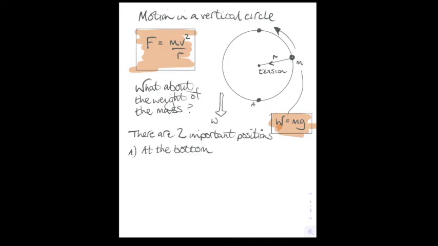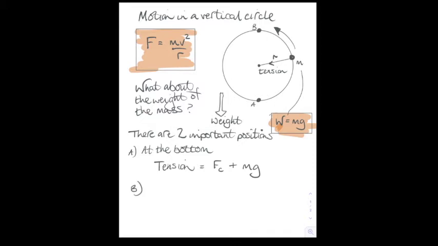Weight always acts downwards, and therefore the tension at the bottom will be greater, because your tension has to provide a central force, but it will also have to supply a force that balances the weight of the object.